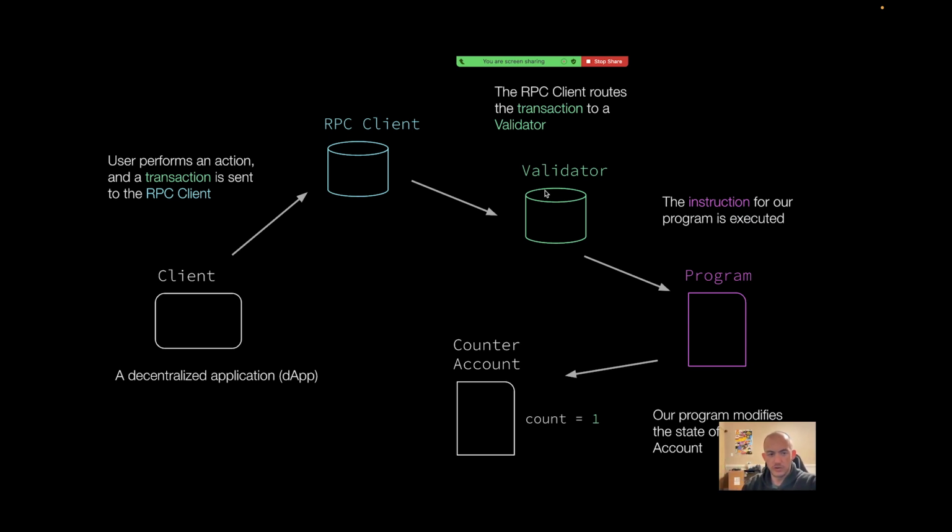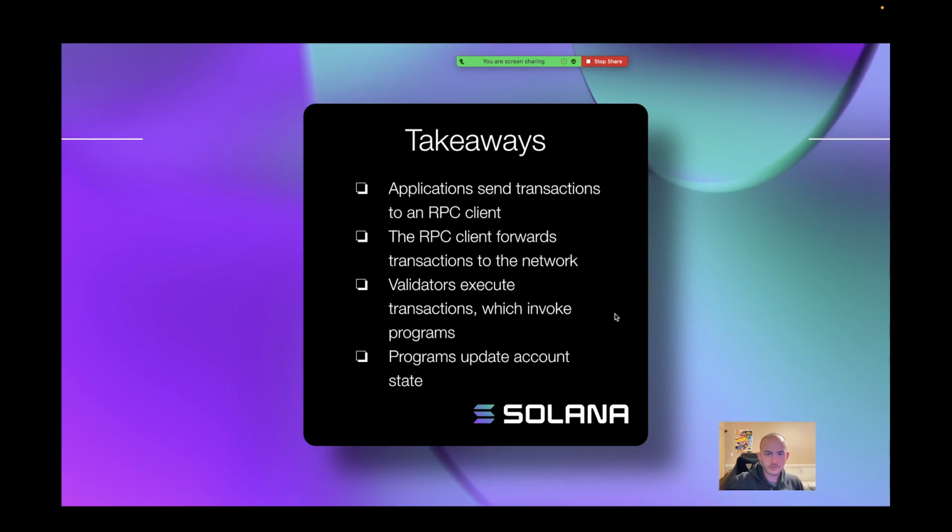So, just to quickly recap, the client kicks off a transaction to the RPC, which forwards it to the network, that transaction is processed, the instruction runs our program, and our program owns that account, so it's able to change its data as a result of what the instruction told it to do. Takeaways there: applications send transactions to RPC, RPC forwards it to the network, validators execute the transaction, and then a program can update account state. And it happens in that order.